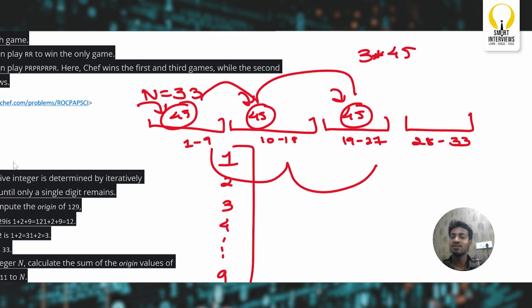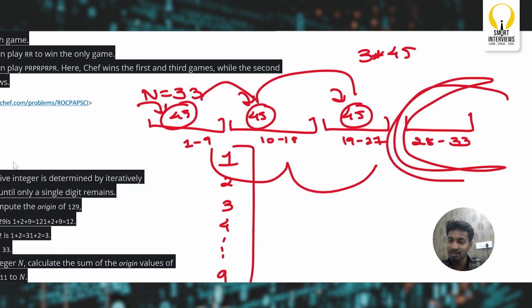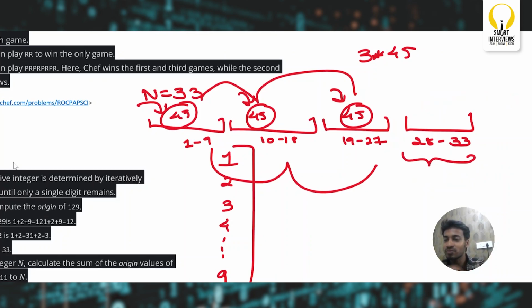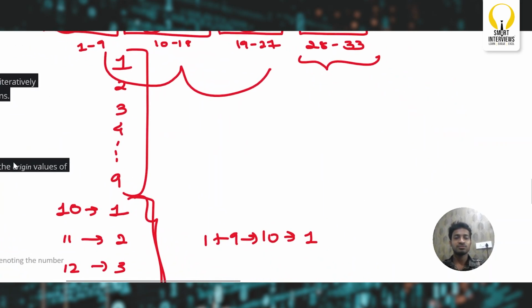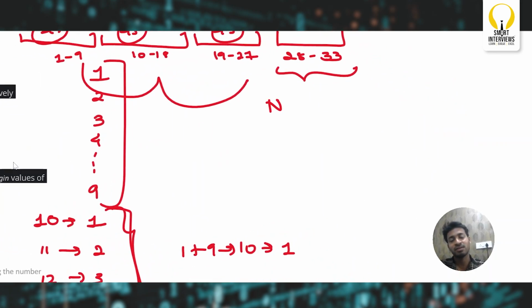After that, for the last remaining small chunk, you just have to find the sum of that many natural numbers. If there are 6 numbers in here, you need the sum of the first 6 natural numbers. That's it.